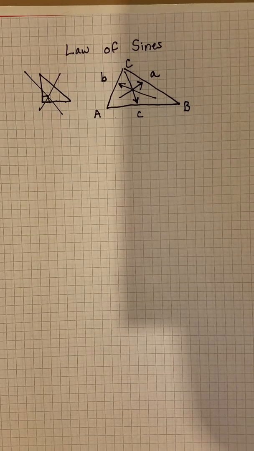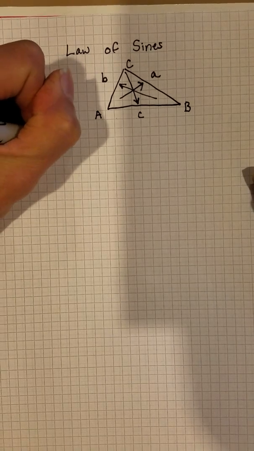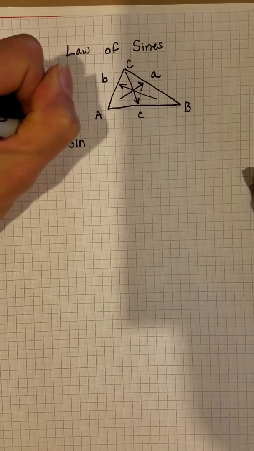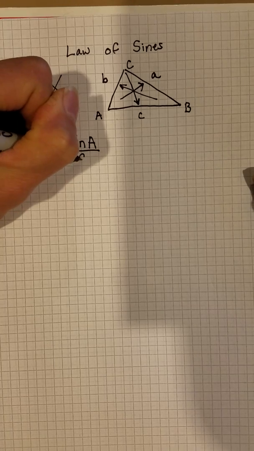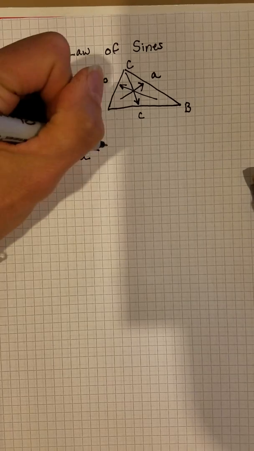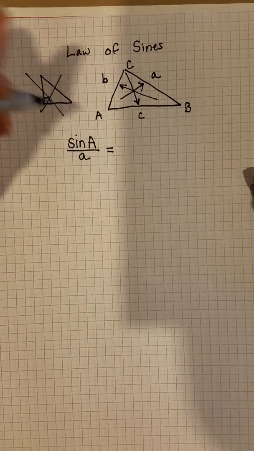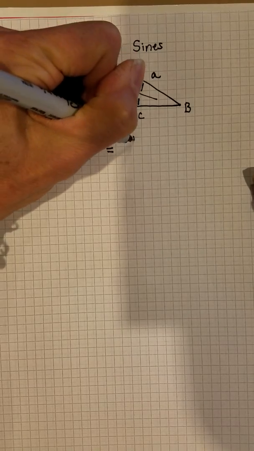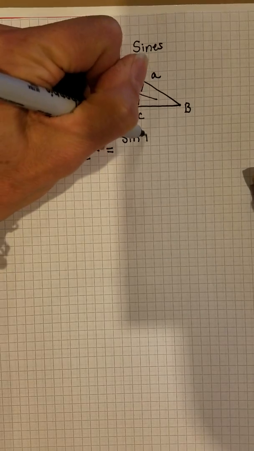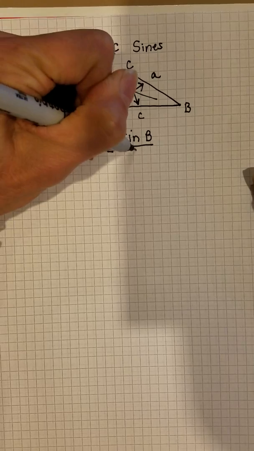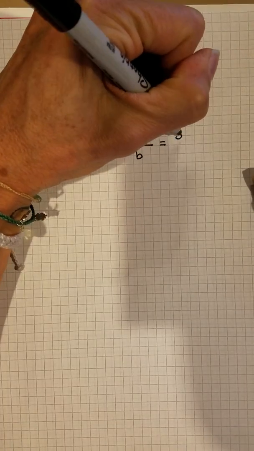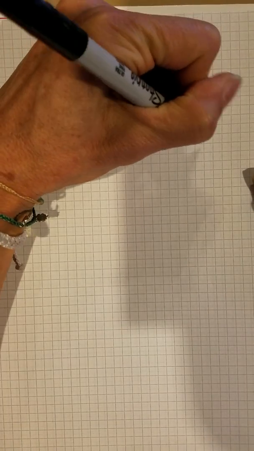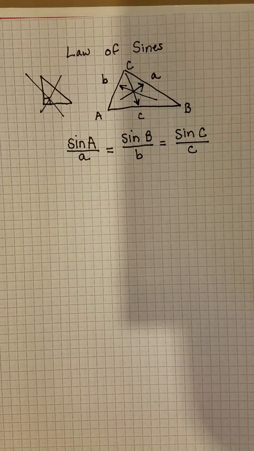And here's what the law of sines looks like. It says the sine of an angle is to its opposite side as the sine of a second vertex is to its opposite side as the sine of the third vertex is to its opposite side.